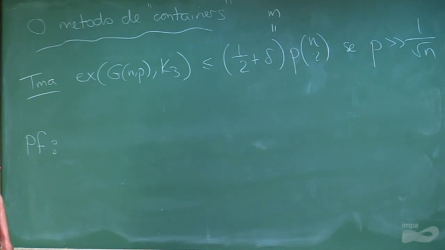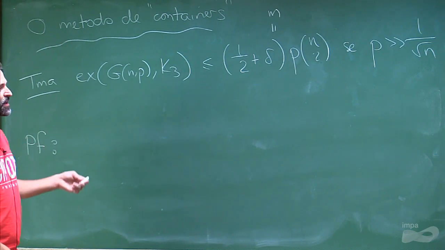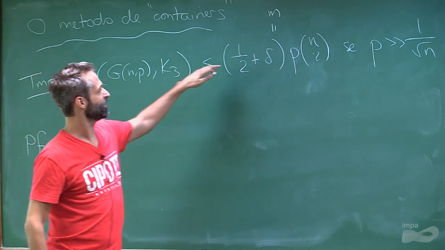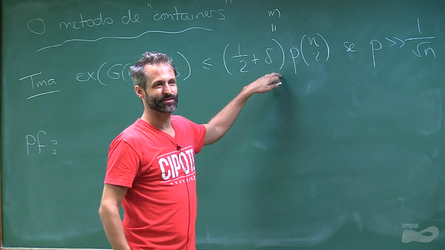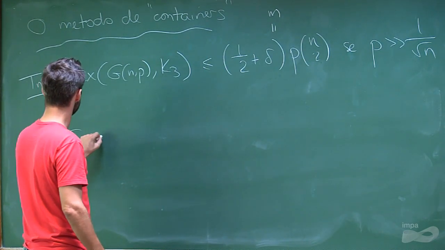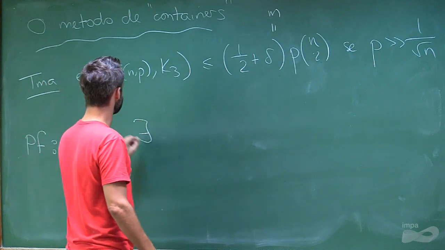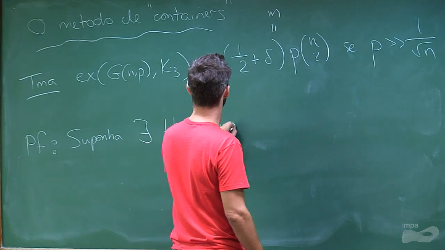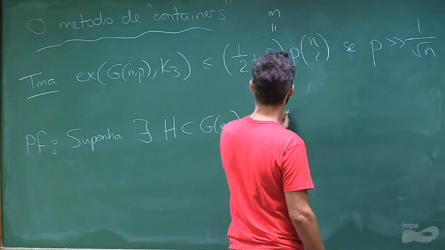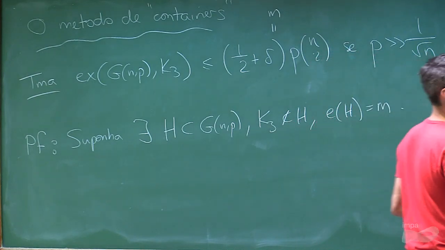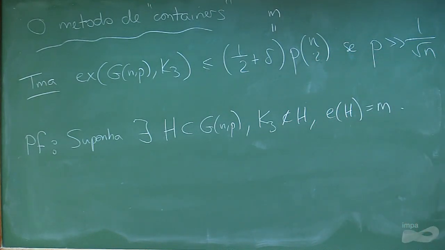So what we're worried about is there might exist a triangle-free subgraph of G(n,p) with m edges. Right, that's it. So suppose that there exists H, a subgraph of G(n,p), triangle-free, with m edges. What do you want to do with this H?